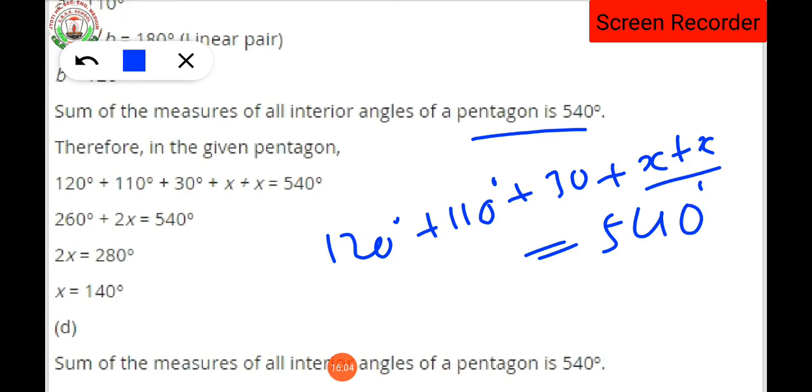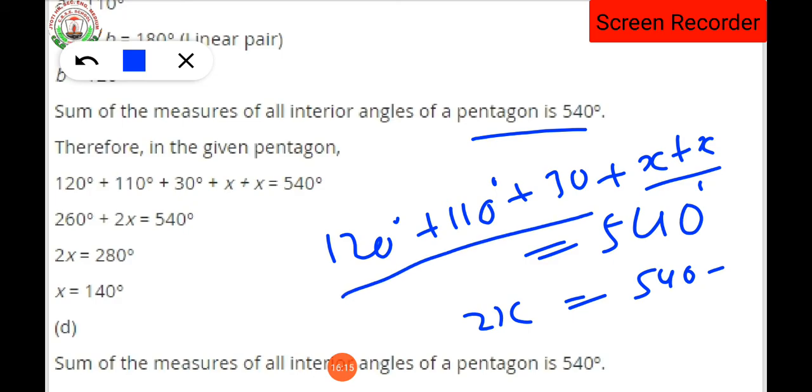So 2x is equal to 540 subtracted with this number. That means 120, 110 and 30.